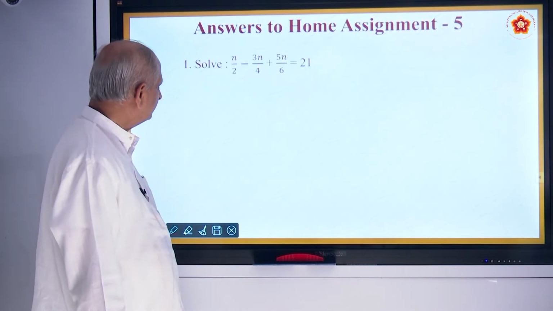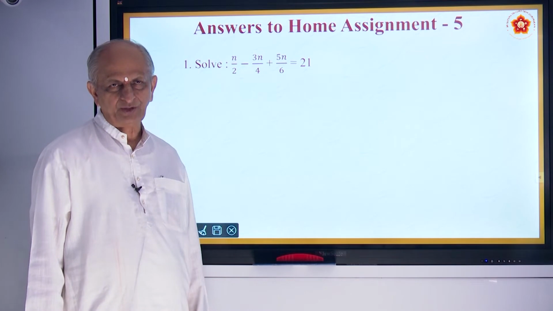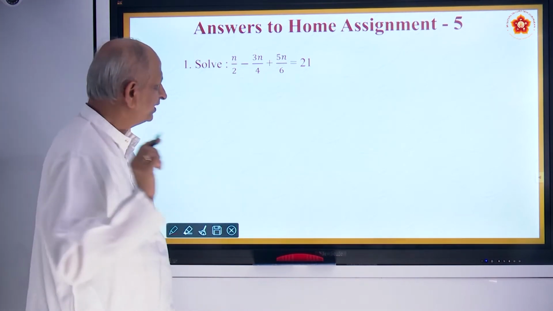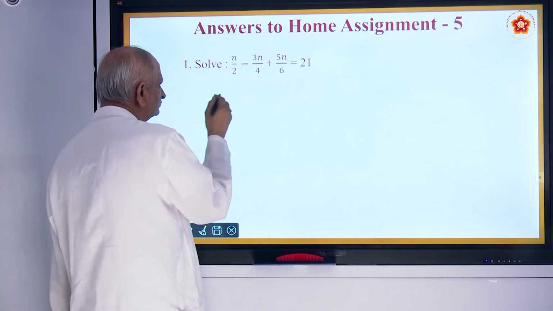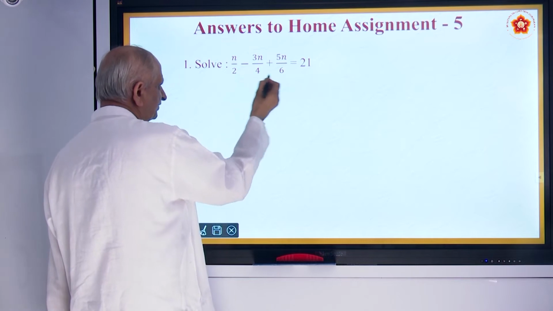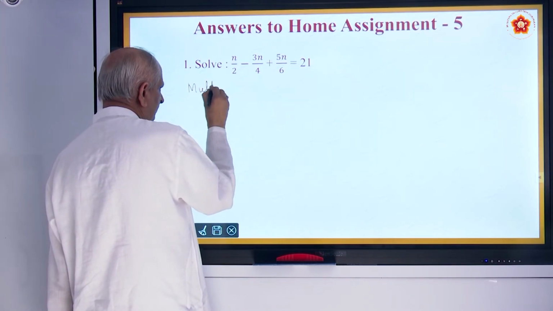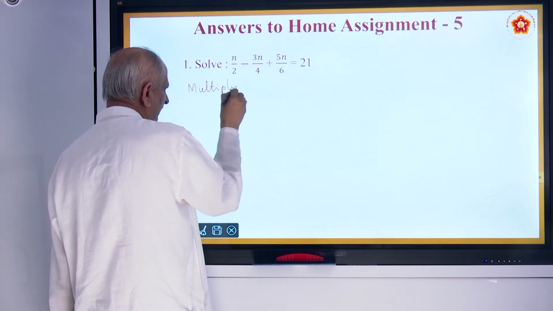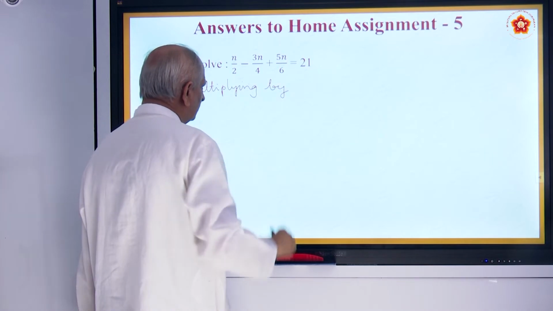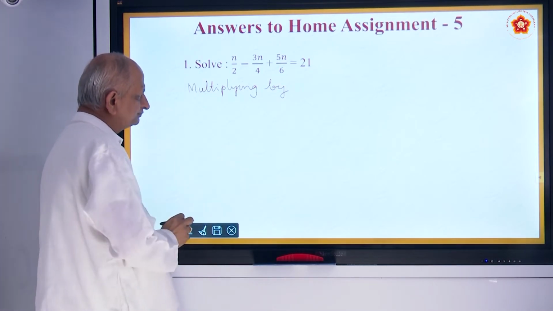The first question is: find the value of n. Solving an equation means finding the value of the variable. Here n is the variable, correct? When fractions are given, the first step is to multiply the equation on either side.